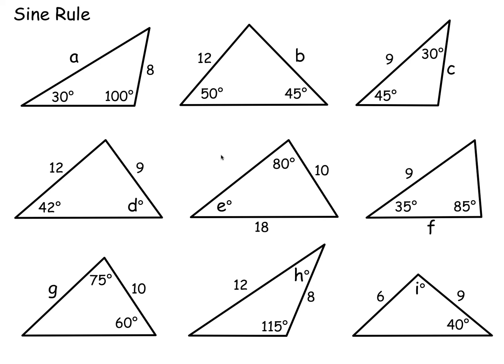This is a worksheet. If you use a link in the description, you can download the worksheet with the answers and with the working. If you don't do that, then you might need to pause the video to do the questions and pause the video at the answers. Mixture of questions. Sometimes find a side, sometimes an angle, and sometimes you've got to realise you work out the missing angle first to make the triangle up to 180, or sometimes at the end, when you've got an answer to the sine rule, you've got to make the triangle up to 180 degrees.